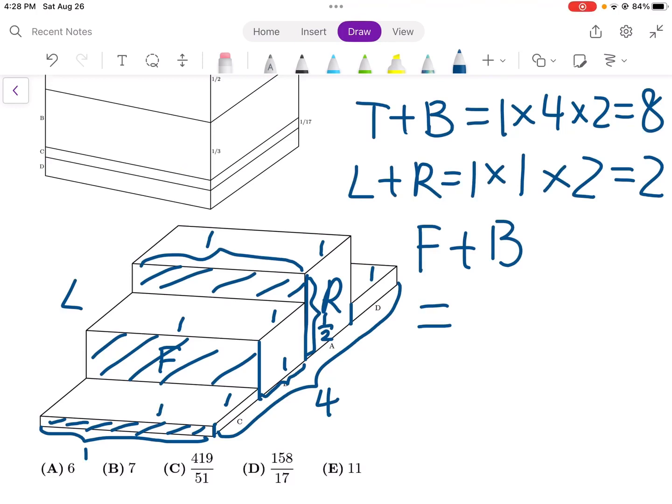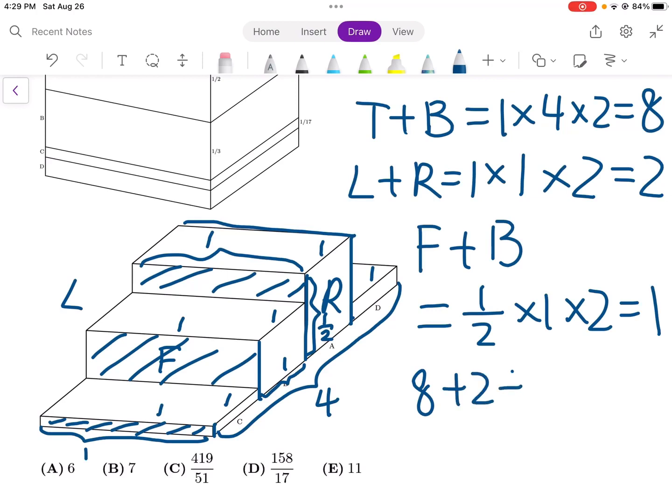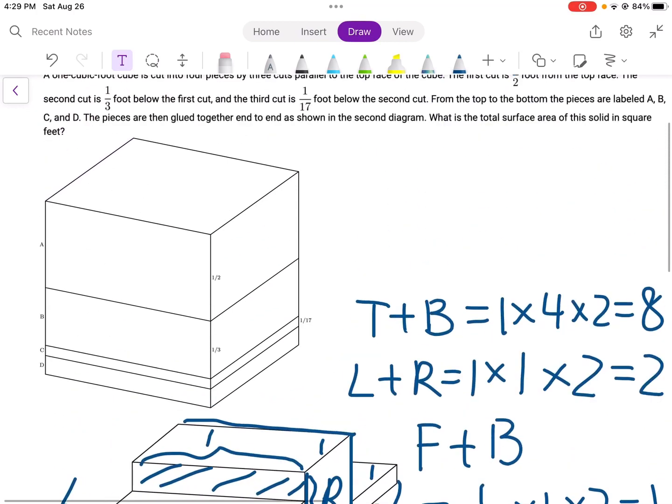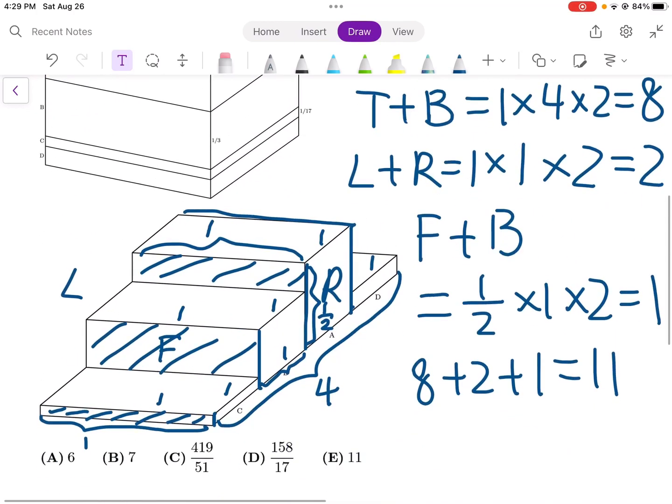For the back area, it will add up also to this 1/2 multiplied by this length. And that is 1/2 multiply 1 multiply 2 for front and back equals 1. Therefore, 8 plus 2 plus 1 equals 11. Therefore, the total area should be 11. And the answer is E.